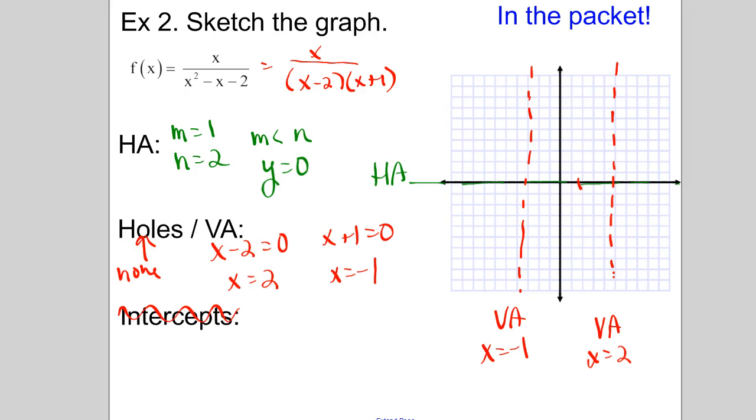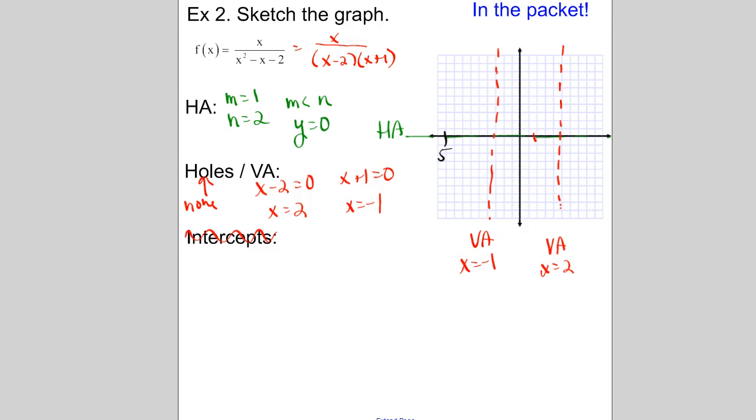Well, let's go over here, and 5 is a neutral value. It's not on my asymptote. So let's check what happens when we use 5. If we use 5, I want to see the value of my function. So what is 5 over 5 minus 2? Oh, I'm sorry, this is a negative 5.